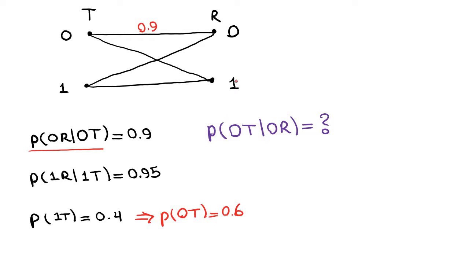What would be the probability of receiving 1 while transferring 0? It's obvious that that should be 0.1.